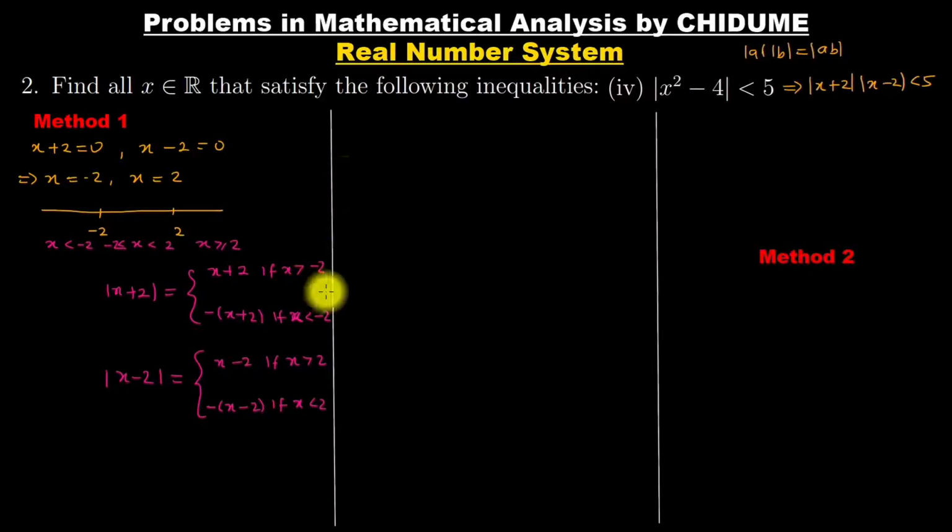So for case 1, that's if x is strictly less than -2. So what will happen if x is less than -2? Definitely x is also going to be less than 2.